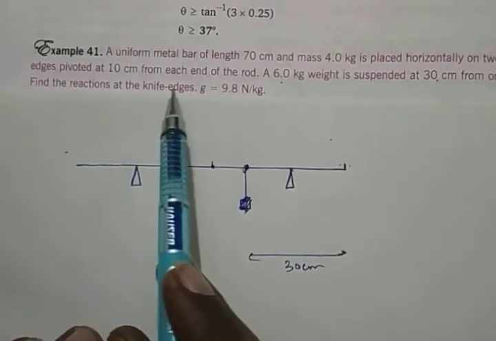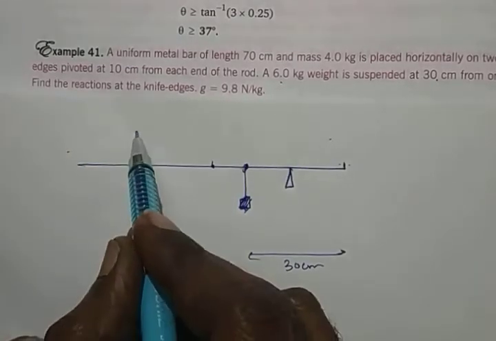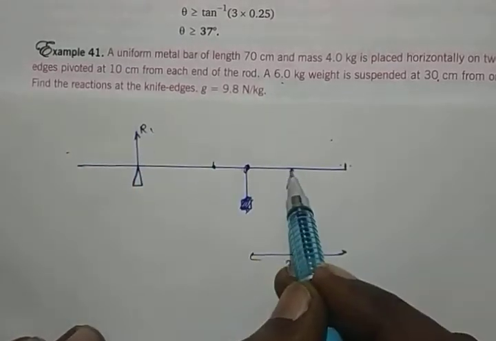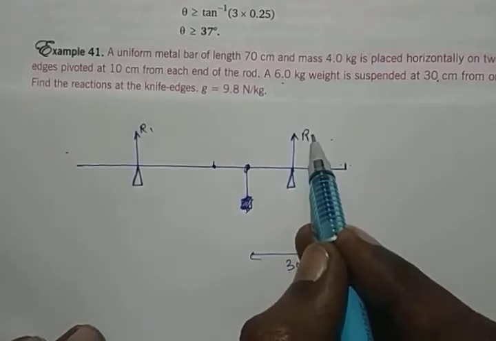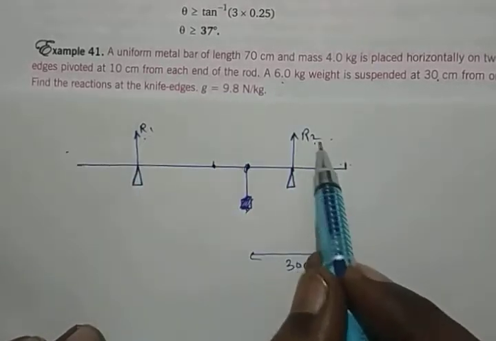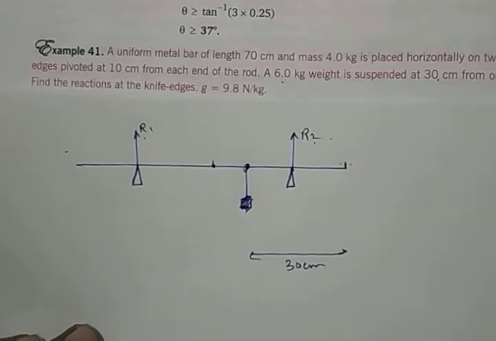Find the reaction of the knife edges. This is reaction R1. This is reaction R2. Find R1 and R2. This is what the question is. So we will start going ahead now. You know already what all things to be done.